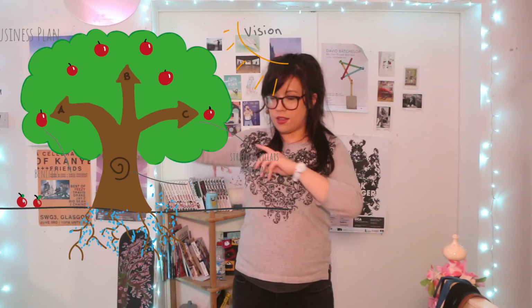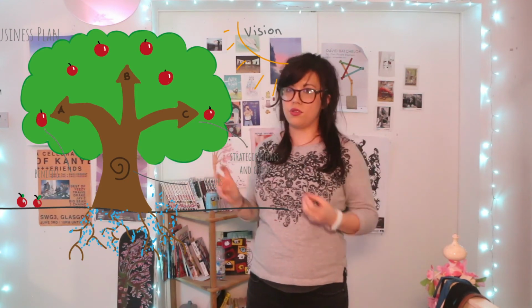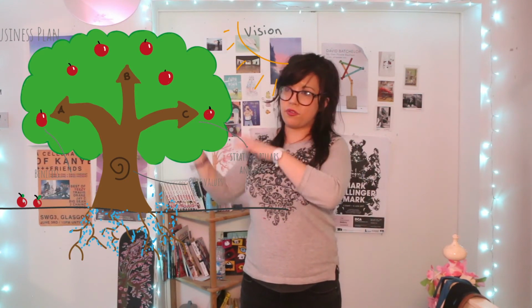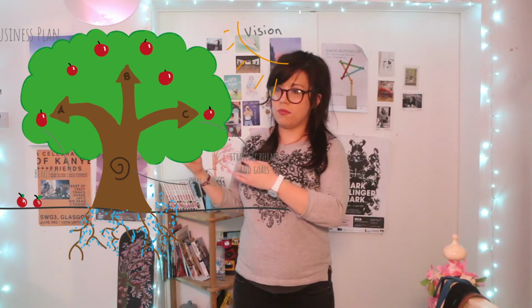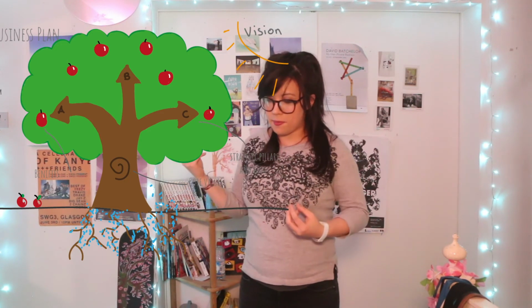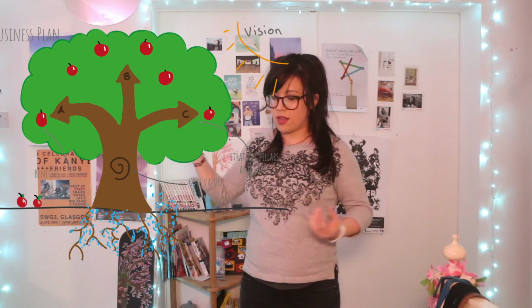And then it will grow fruit from the tree, and the ABC things are different ways that your tree grows. They're different paths of where you can go with your product, with your business.